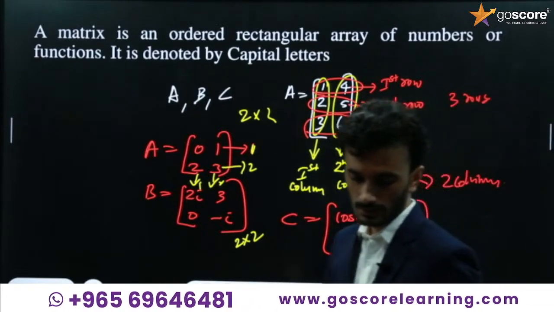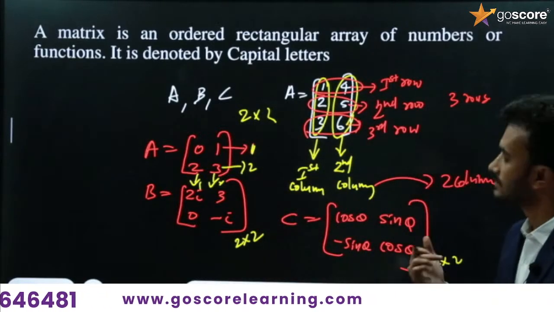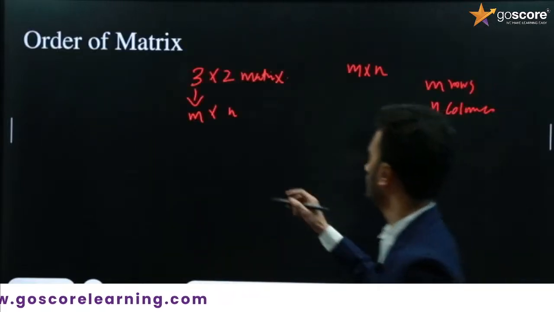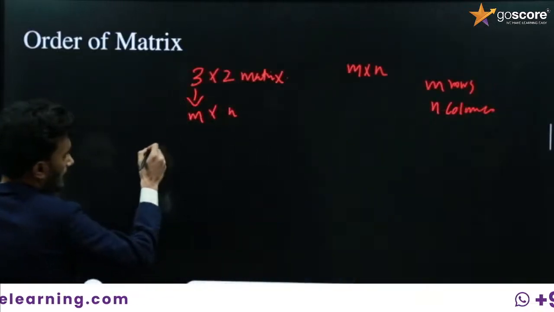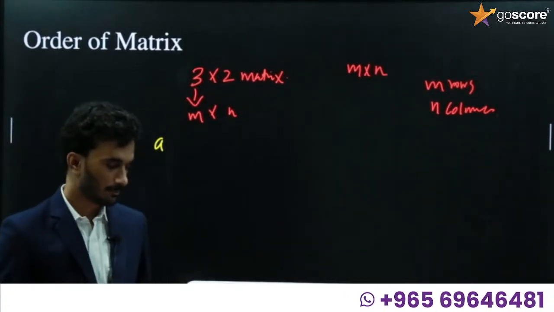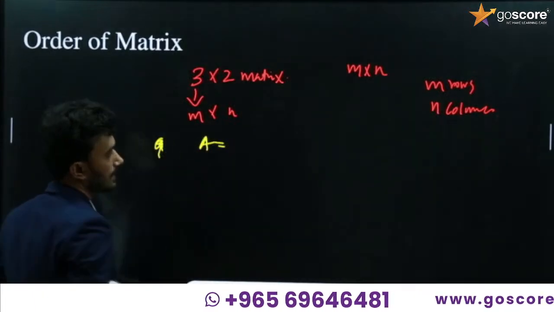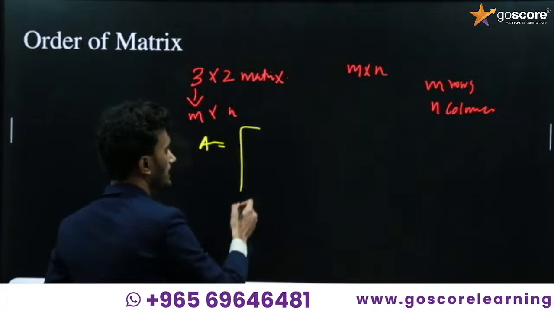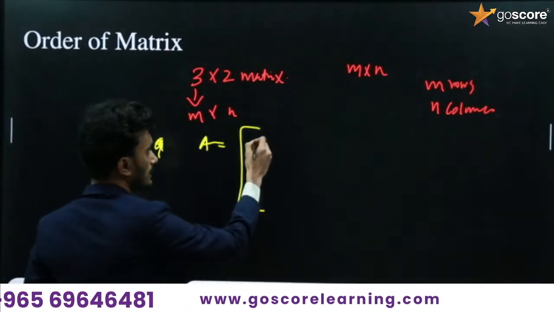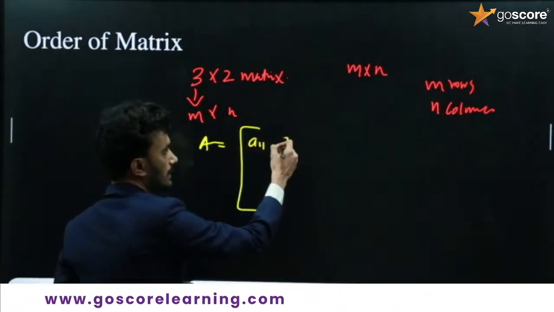So I think all of you understood this one. Shall we move on to the next one? We can represent an m by n matrix. So A is equal to a matrix. The first element we will represent as A11.